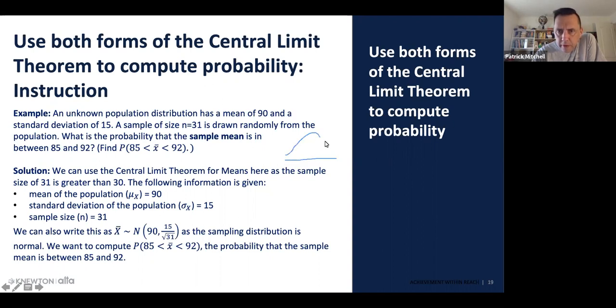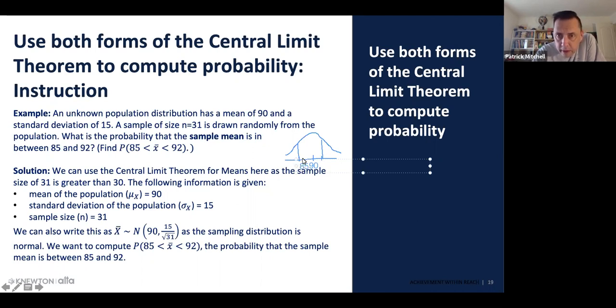Okay, so here is my normal distribution. Right in the middle, I'm going to put some marks here and here. So this is my mean of 90 right in the middle. And this is my value 85.